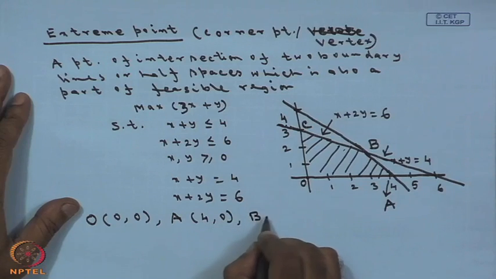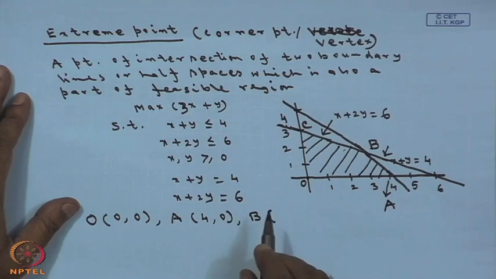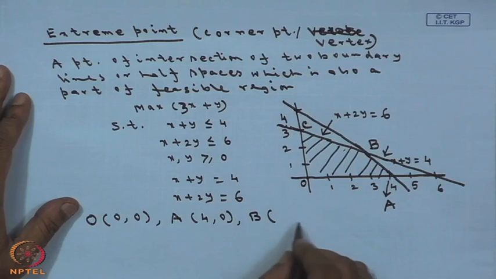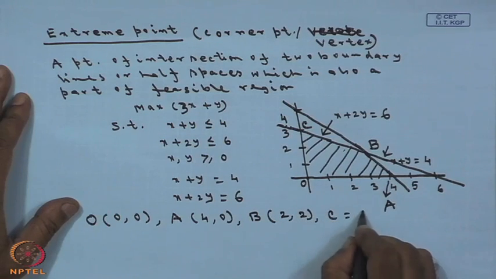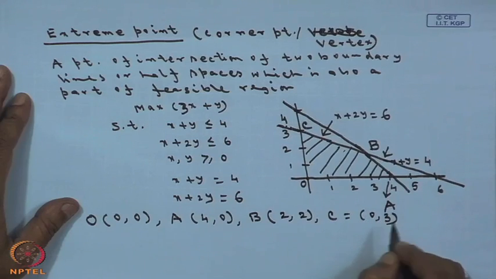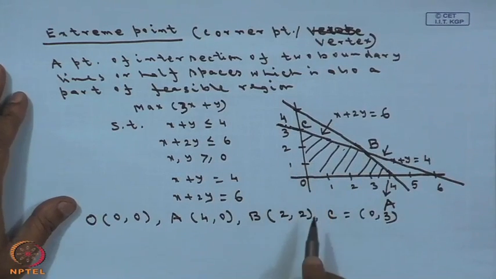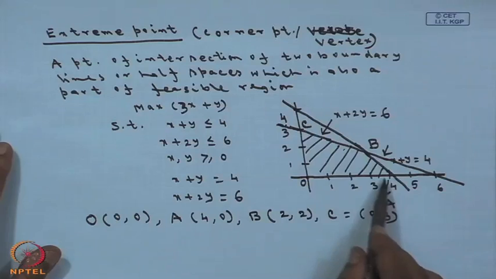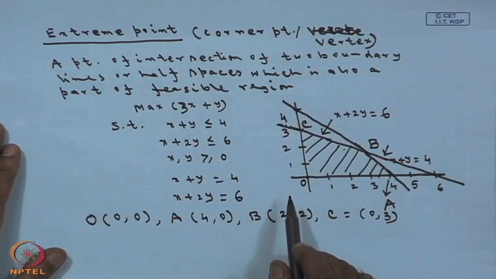Point B, if I solve these two lines, x plus y equals 4, x plus 2y equals 6, I will obtain, if I am not wrong, B equals 2, 2, and C is 0, 3. So, these are the extreme points, and from this example I feel it is clear how to find the feasible region.